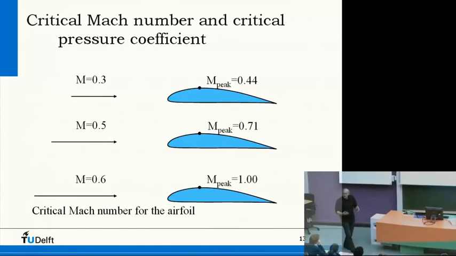So the critical Mach number, by definition, is the Mach number of the incoming stream for which somewhere on the airfoil Mach 1 is encountered. And that usually is next to the thickest point, of course, because there the velocity is highest.